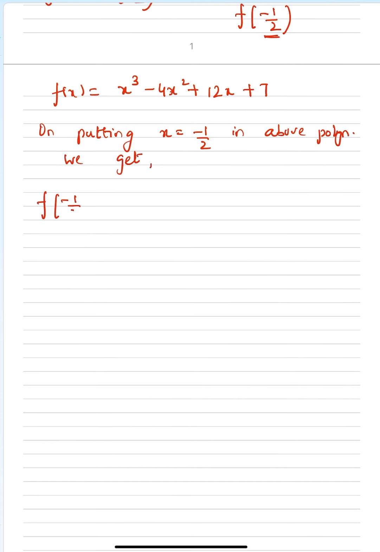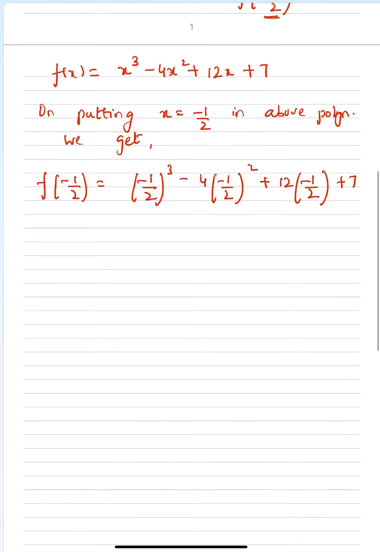F of minus 1 upon 2 is equal to, we can say this is minus 1 upon 2 the whole cube minus 4 into minus 1 upon 2 the whole square plus 12 into minus 1 upon 2 plus 7.